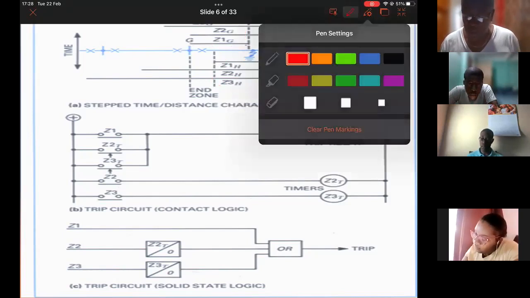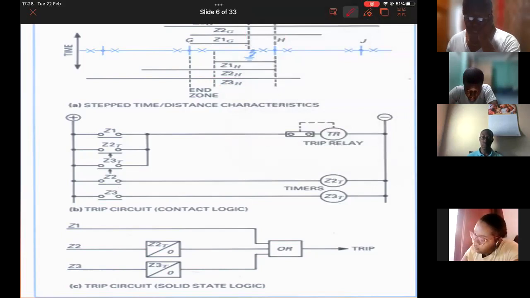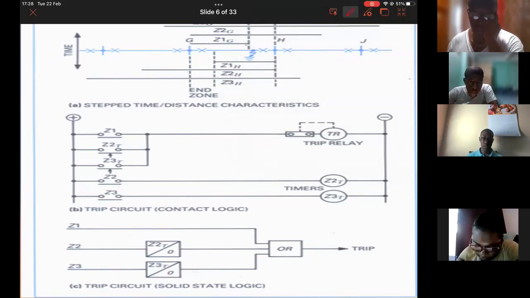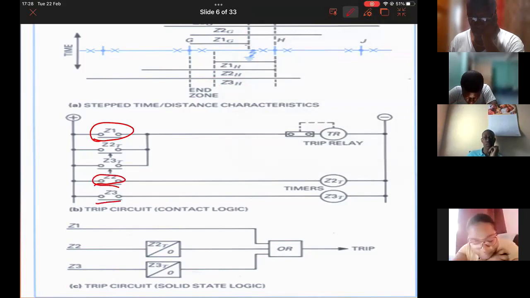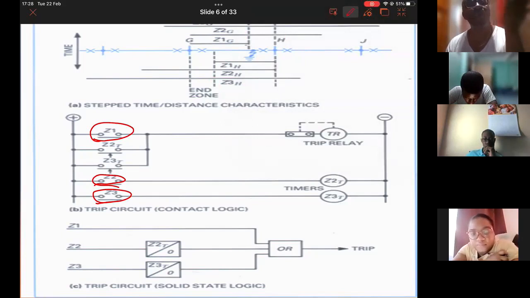The next thing I want to highlight, if you go now to the contact diagram, is to distinguish the contacts that we have there. So zone 1, the Z1, Z2, Z3, these are all instantaneous contacts. I know I've been telling you about zone 1 being instantaneous.